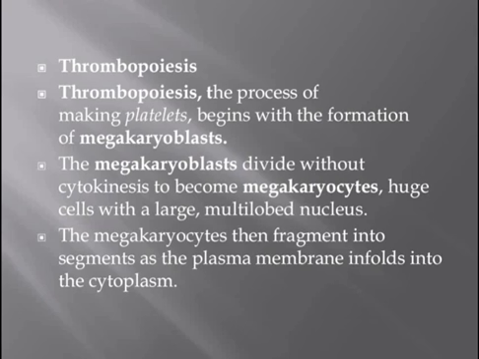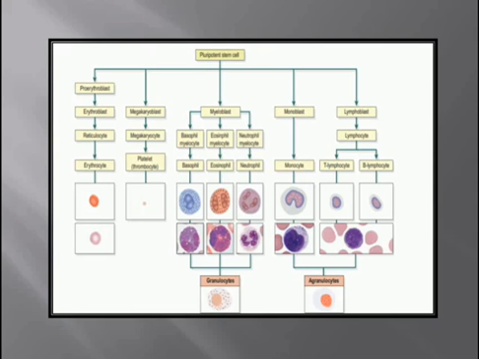And as I told you in my last lecture also, platelets are not exactly cells, but they are fragments, right? So then megakaryocytes further develop into fragments which further form your platelets. So this is an image showing the development of different cellular components of blood from your pluripotent stem cells, right?